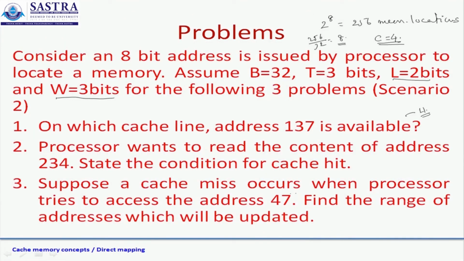Suppose a cache miss occurs when the processor tries to access address 47. Find the range of addresses which will be updated.